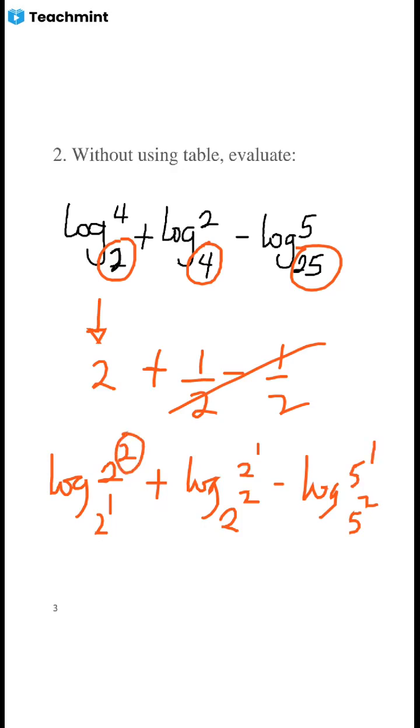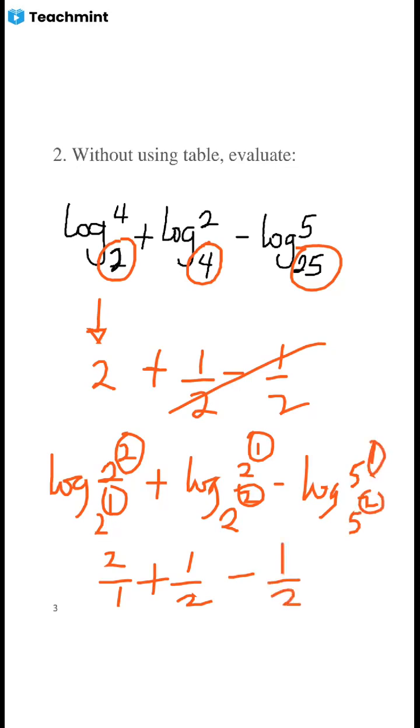Now you can see I take the power of this over this, 2 over 1, plus the power of this to this, 1 over 2, minus the power of this to this, 1 over 2. So plus half minus half, that's gone. 2 over 1 is 2. But you get the same answer.